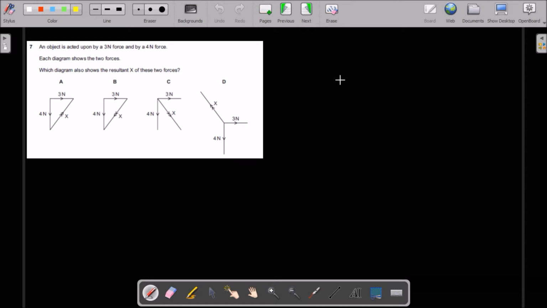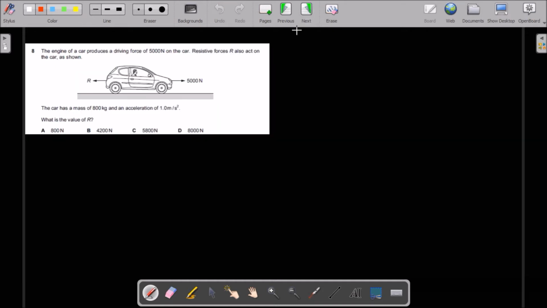Okay, we know that if 3 Newton is in this direction and 4 Newton in the south, then according to the parallelogram method, from this point we should draw the resultant force. According to the parallelogram method, you can choose C. So question 7, C is right.